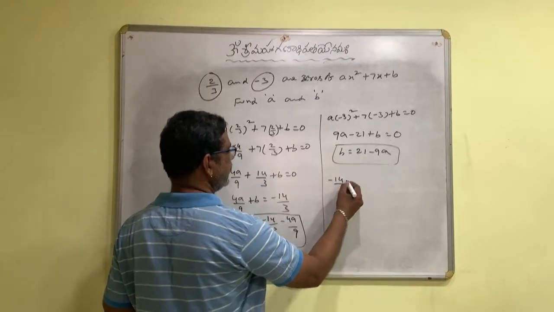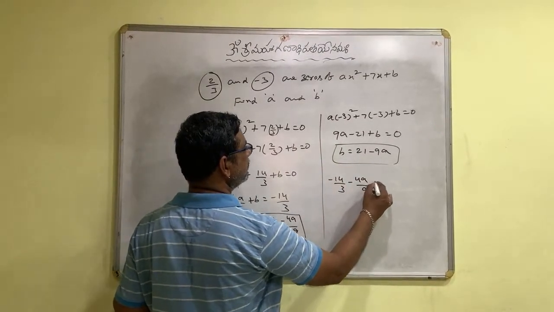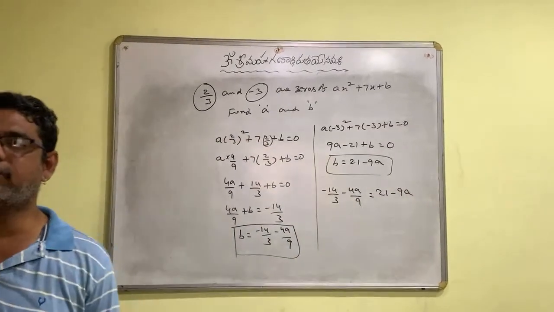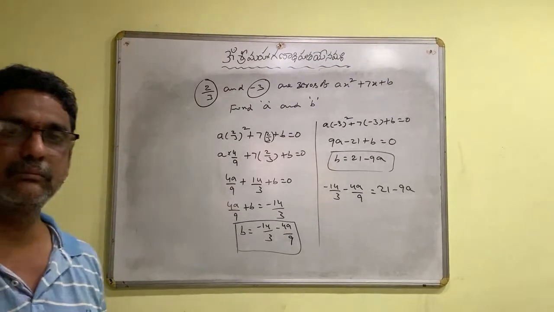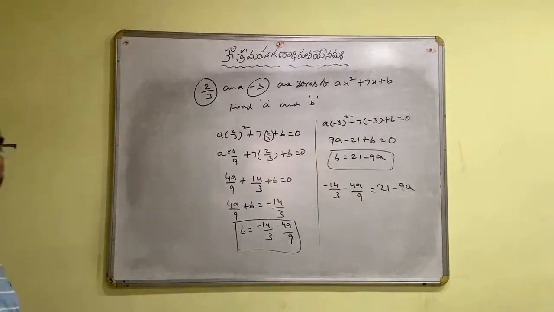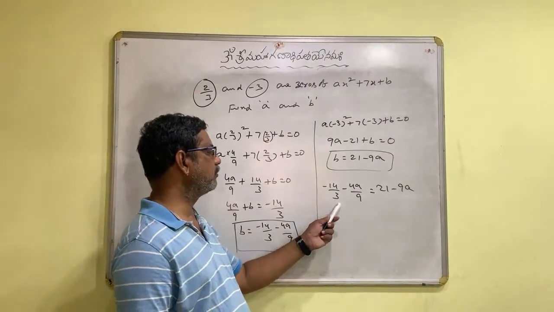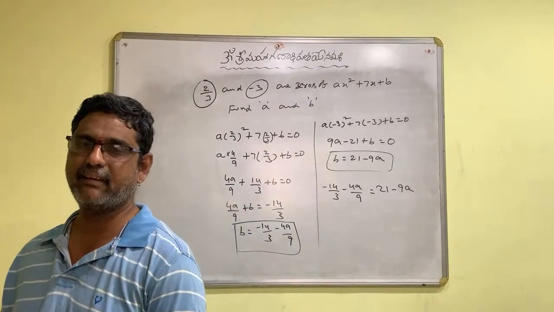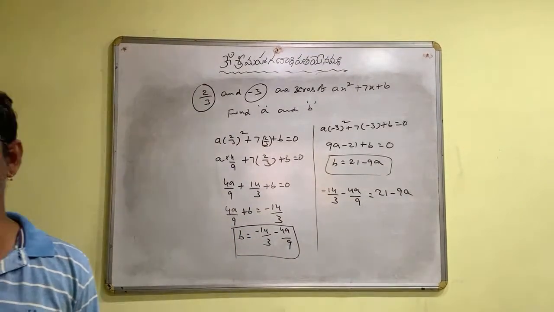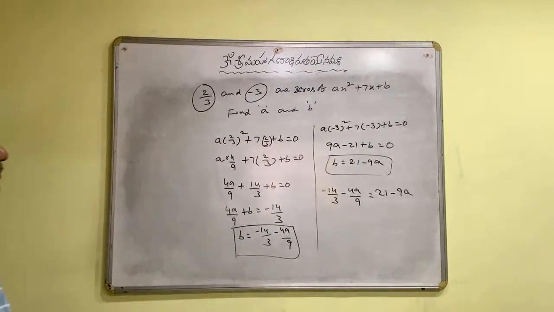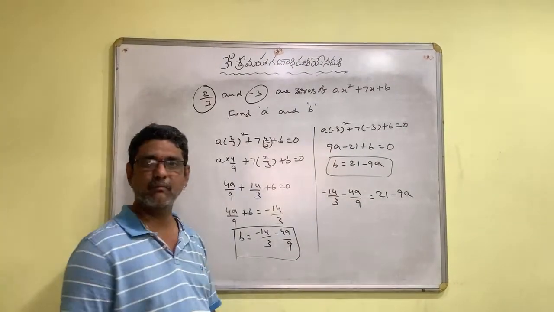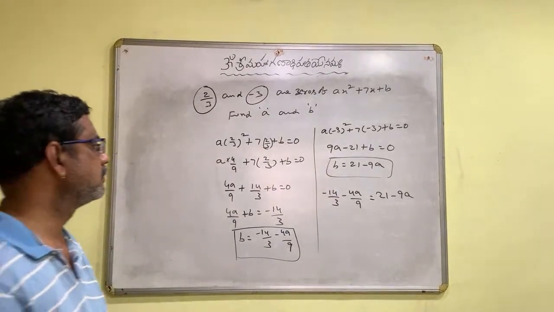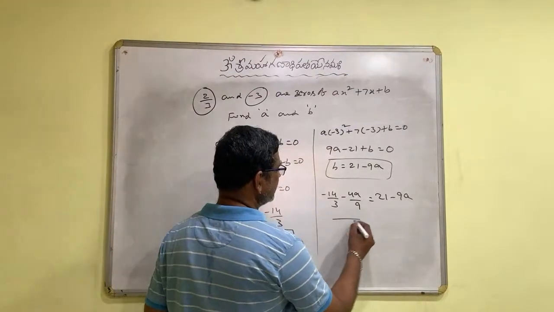Now, so what we can write here? Negative 14 by 3 minus 4a by 9 is equal to 21 minus 9a. Children, find out a value. Simplify and find out a value. Here we can take LCM as 9.